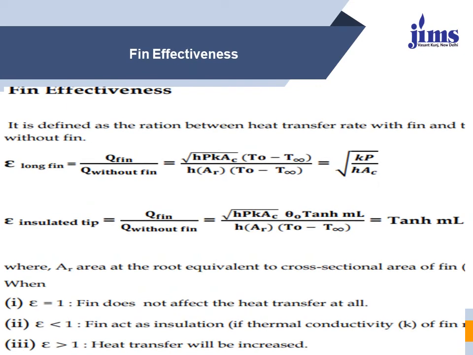So next, the effectiveness of the fin. Effectiveness of the fin is the ratio of the fin heat transfer rate to the heat transfer rate that would exist without a fin, or we can say it is defined as the ratio between the heat transfer rate with fin and without fin. Mathematically, effectiveness is denoted by epsilon.